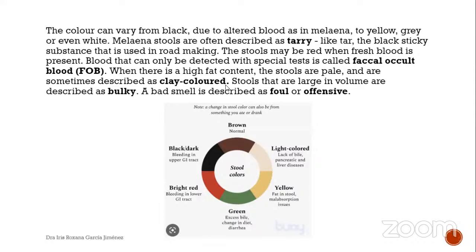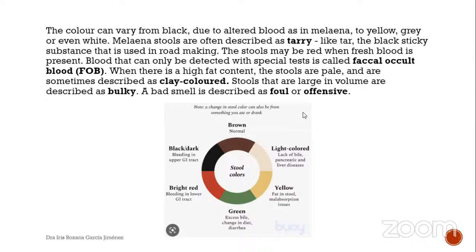Stools that are large in volume are described as bulky. If the patient goes to the bath and says, I got bulky stools, you know that they are a lot. And the smell is described as foul or offensive. Both of them are correct. Well, this patient has foul stools, for example, because the smell is so nasty, okay?